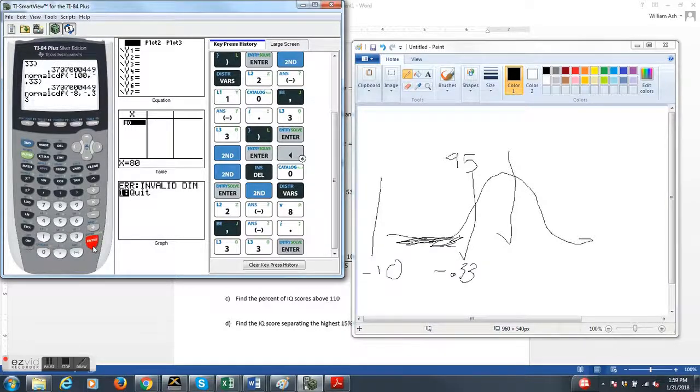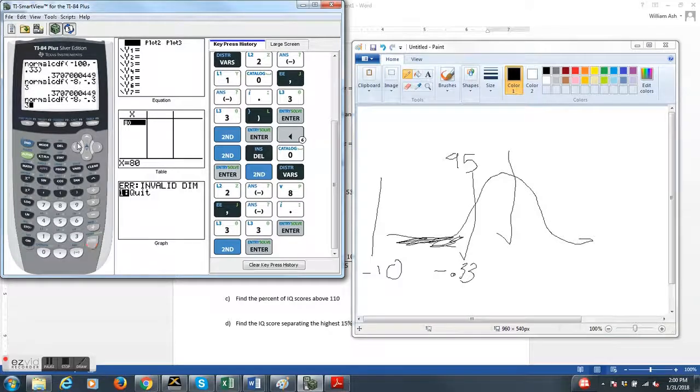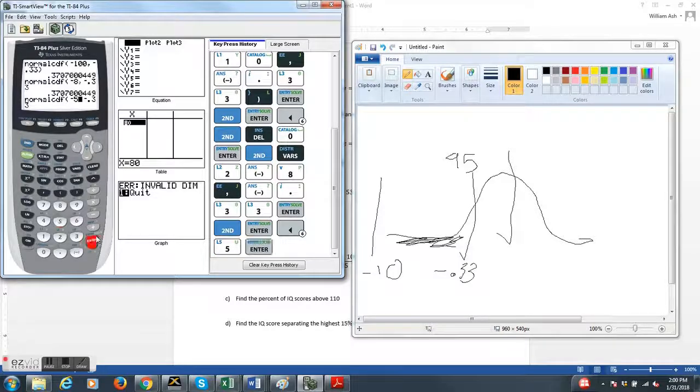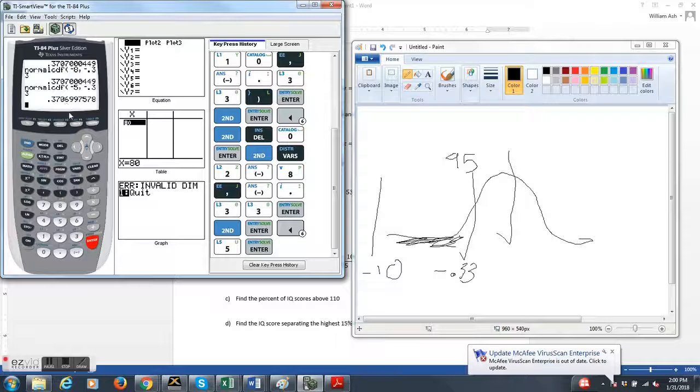Even if I'm changing them all the way back to like negative 5, if I'm rounding to 4 decimal places, I still get the same answer. So that thing that I'm picking to the left over here, it could be a whole lot of possible numbers. I guess don't pick 4, but anything bigger than 5. I usually pick 9 or 10 just because they're nice round numbers. But anyway, whichever way you look at it, about 37%.